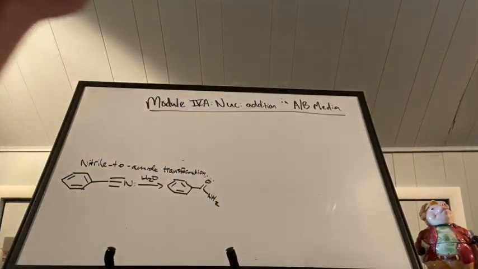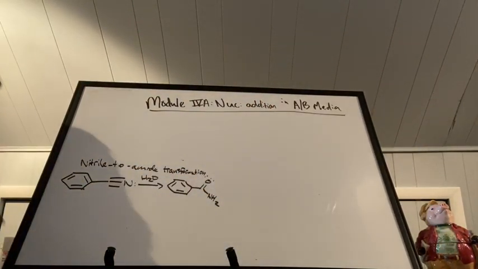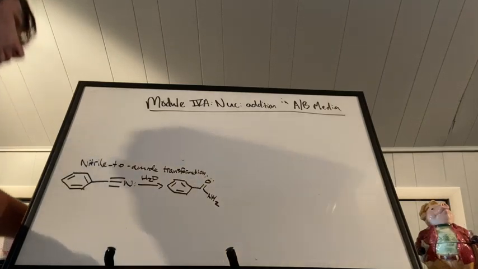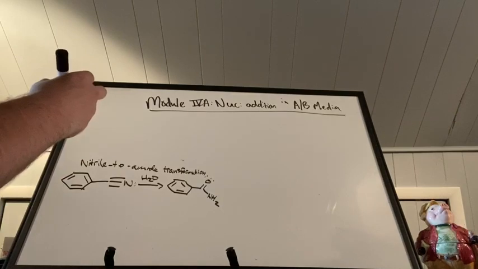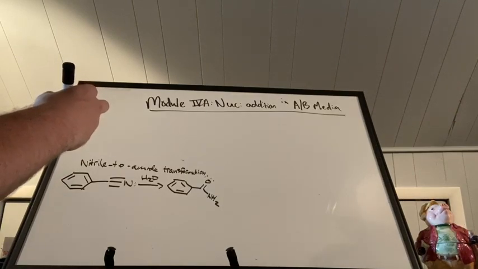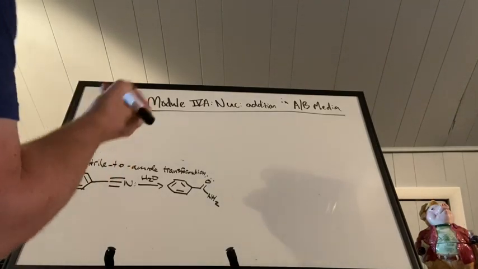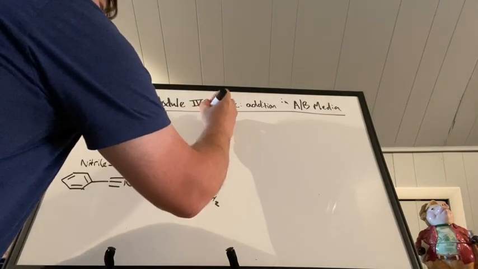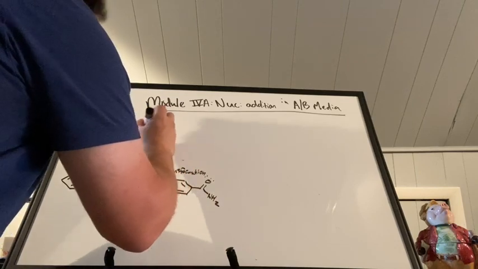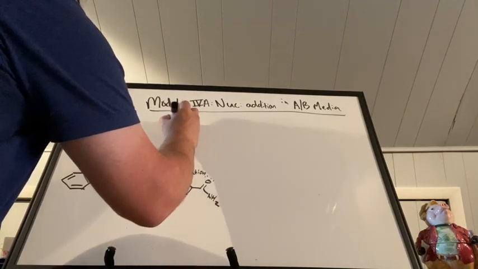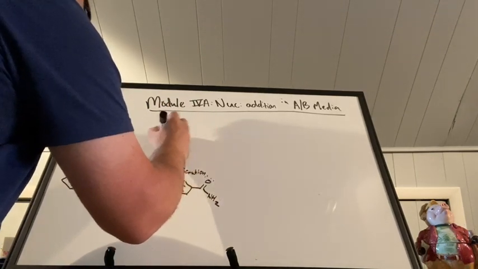Hydrazine is actually going to be even more reactive than a primary amine. So essentially, in your notes, you can look at the mechanism on page 907, but I'm just going to go over the basics here with you.